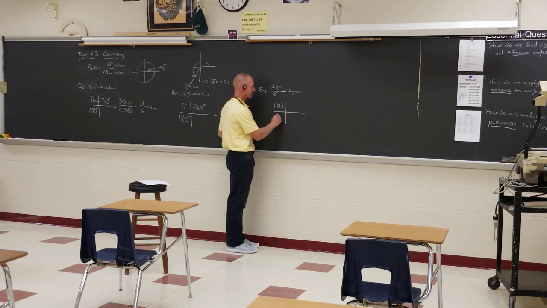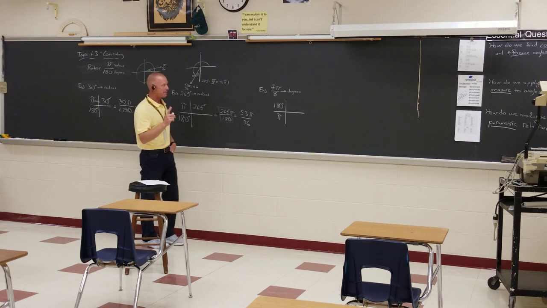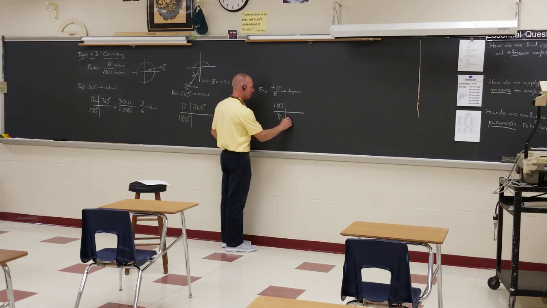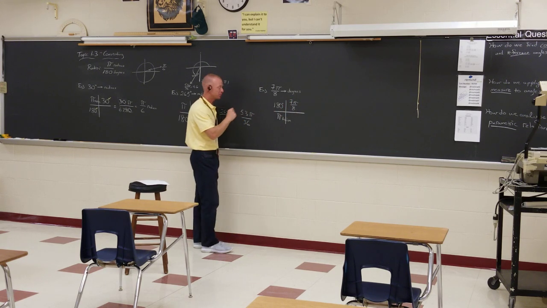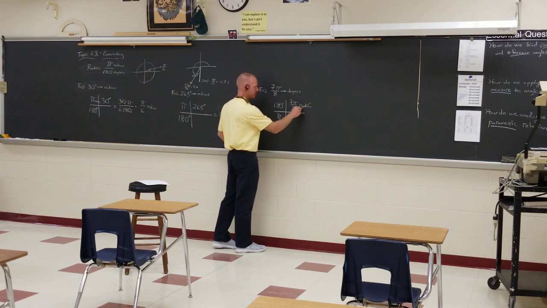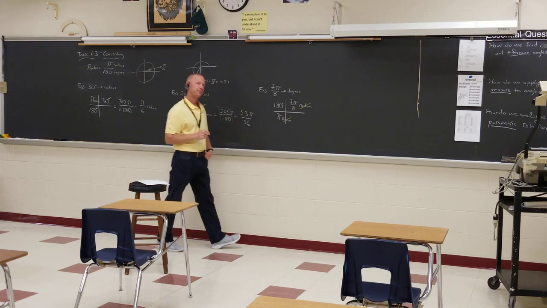Degrees in the numerator, and now I'll put the pi in the denominator. That means I want to cancel the label radians. I will cancel the label radians when I put that in the numerator, because rules of math say that a numerator and denominator cancel.